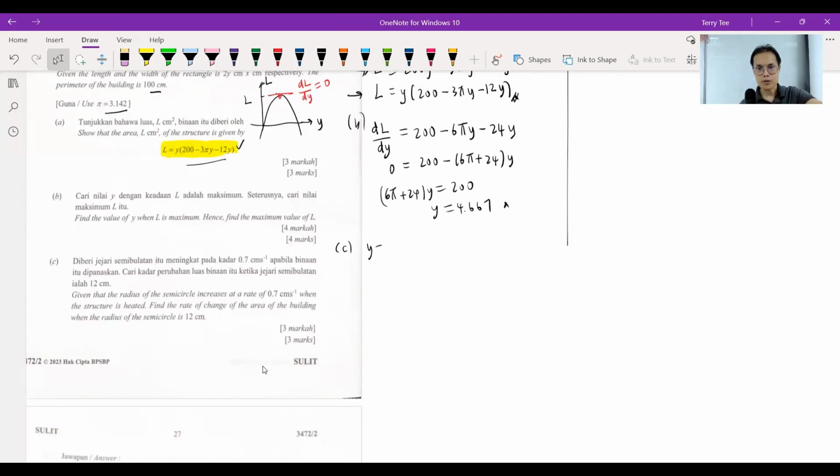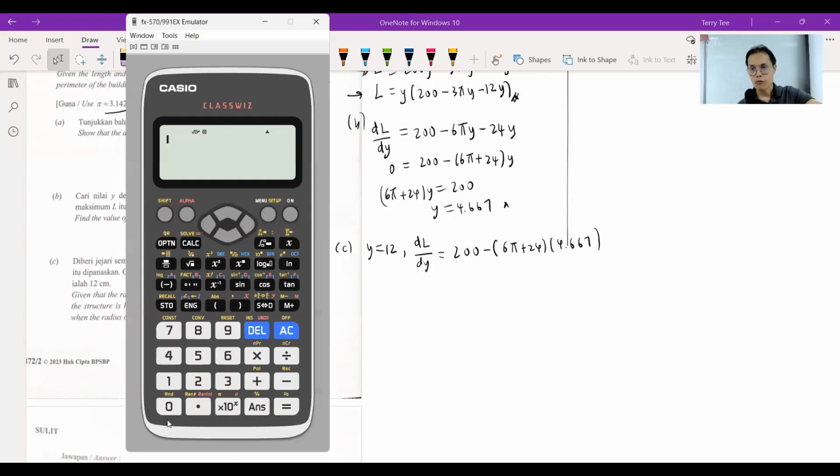When your y is 12, let's first find out your dL/dy. Sub inside here: 200 minus bracket 6 pi plus 24 times y. Use a calculator. Find the rate of change of area, dL/dy, for every unit change in your radius.